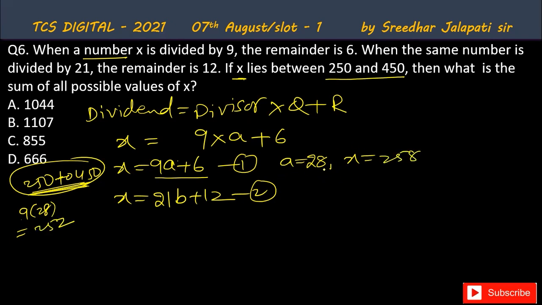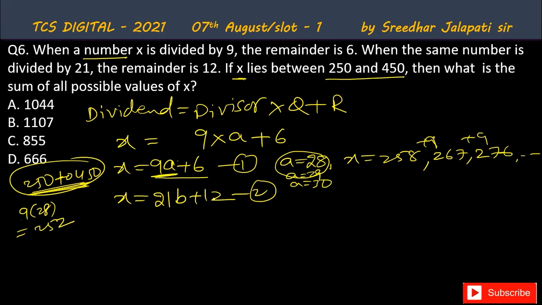Similarly, if you give a is equal to 29, it increases by 9 because it is 9a. As you increase a by 1, the result increases by 9. So a is equal to 29 gives 267, a is equal to 30 gives 276, increasing by 9 each time. These are the values I can take for a, right?